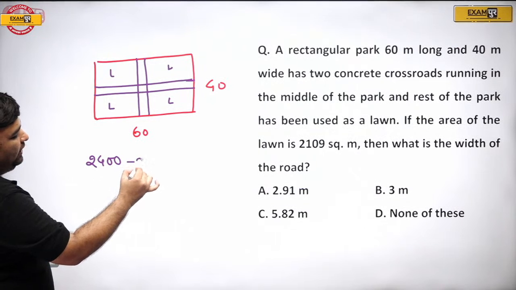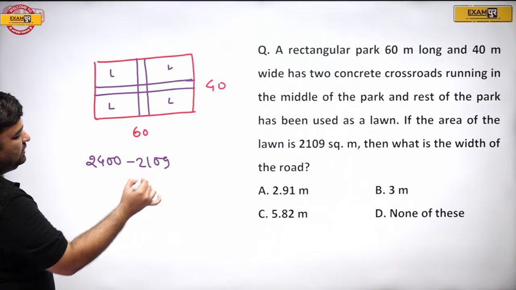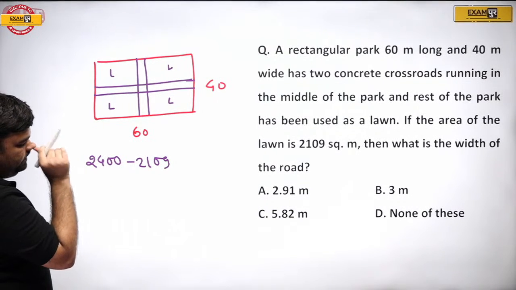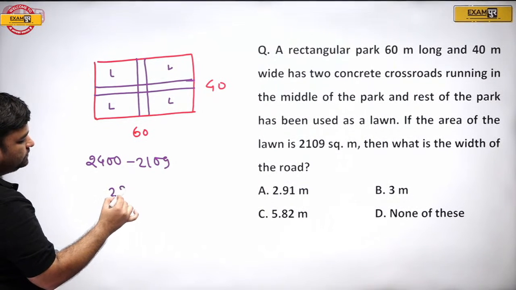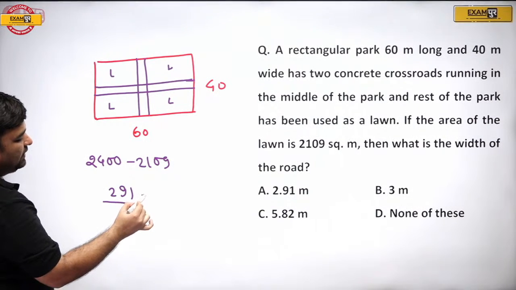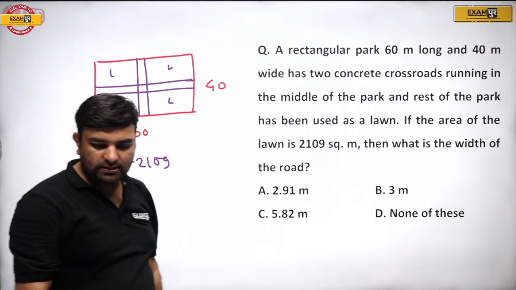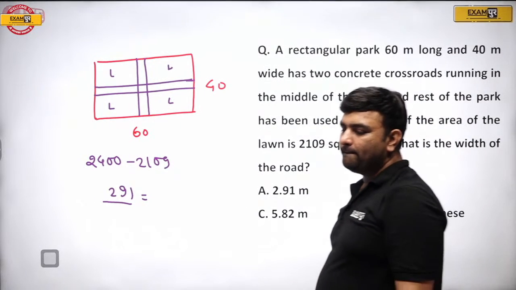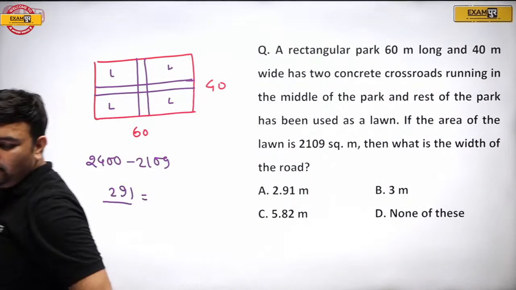If you subtract the lawn area, you will get 291. Can I say this is the area of the roads? 291.